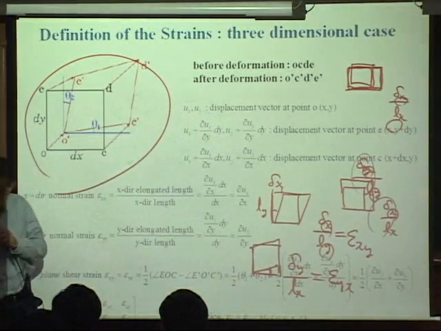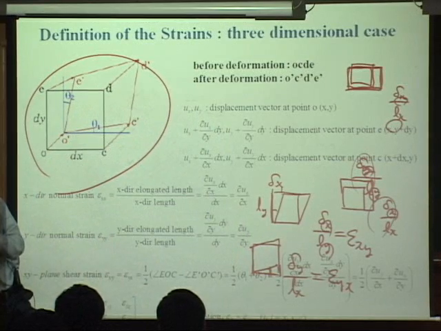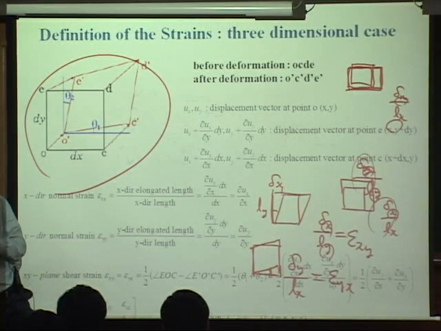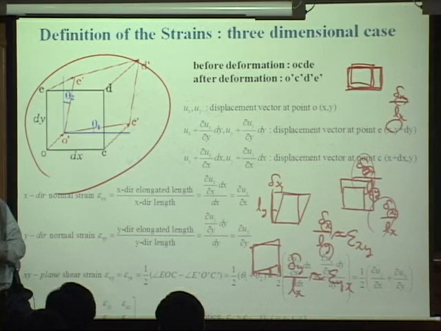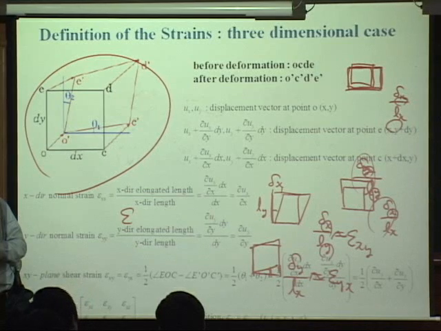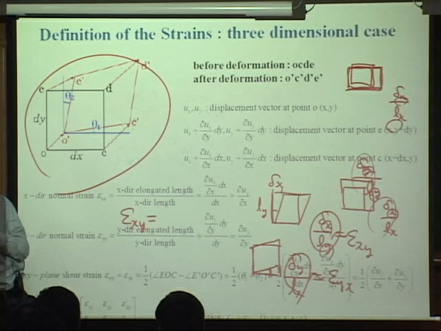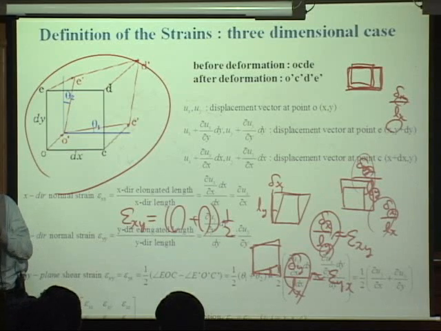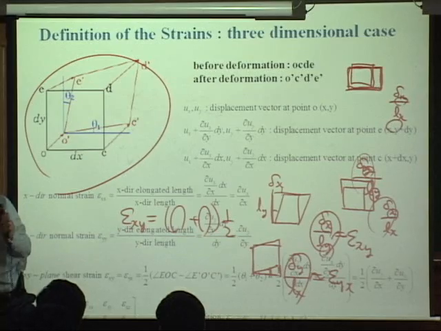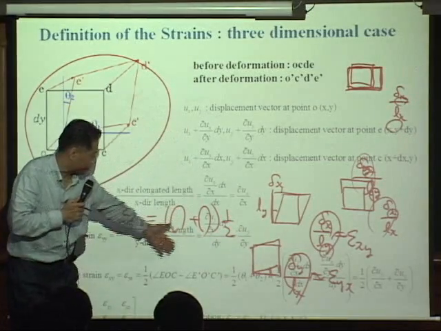So this is not the correct definition. It's just, I would say, a conceptual explanation. And actually, for epsilon xy, we define a combination of this one and this. We combine them, and divide by half, and that will be called epsilon xy. So anyhow, that's the description.